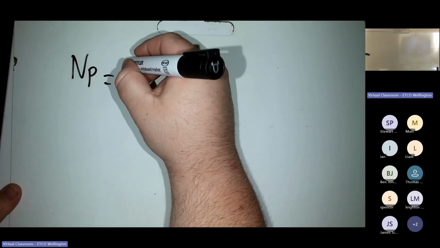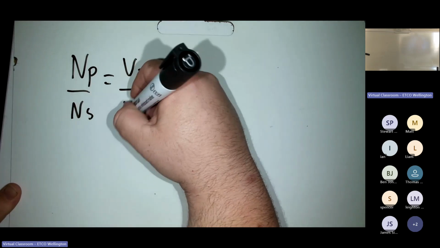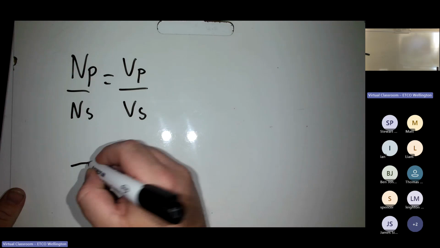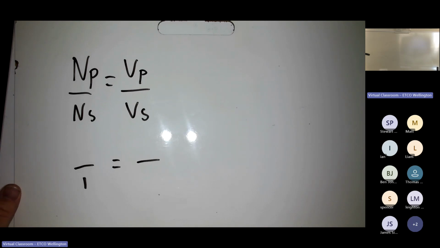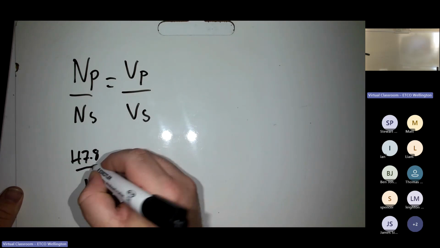Cool. So we know that NP over NS equals VP over VS. We know that the number of turns in the secondary is 1, and the number of turns on the primary is 47.8 over 1.